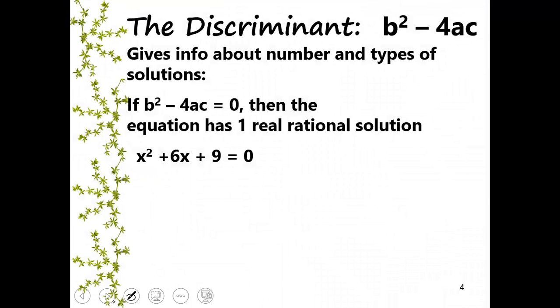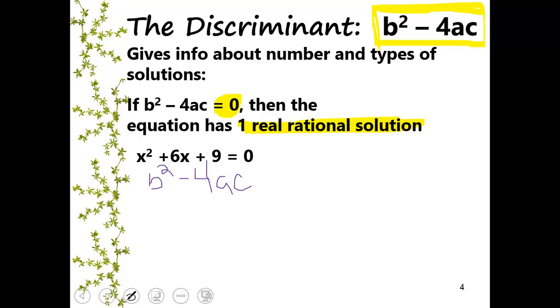If our discriminant, when we evaluate it, gives us a value of 0, then we only have one real rational solution. Again, all we're looking at is the discriminant, b squared minus 4ac. So if I evaluate b squared minus 4ac for this problem, a is 1, b is 6, c is 9, then I get 36 minus 4 times 1 times 9.